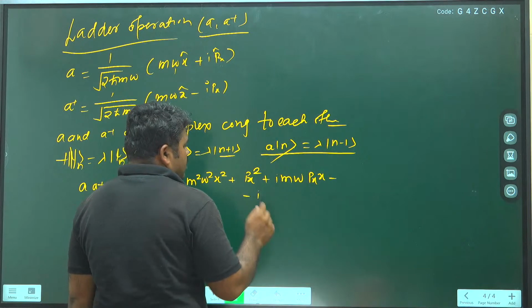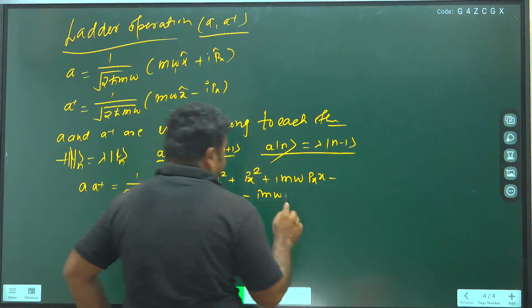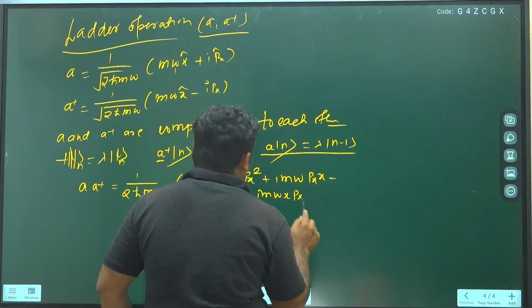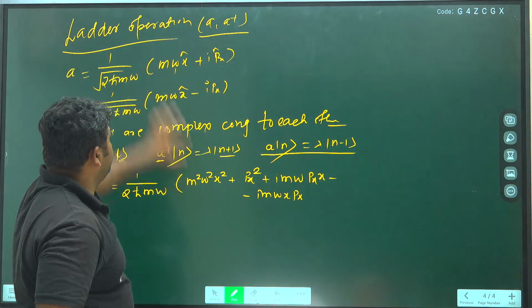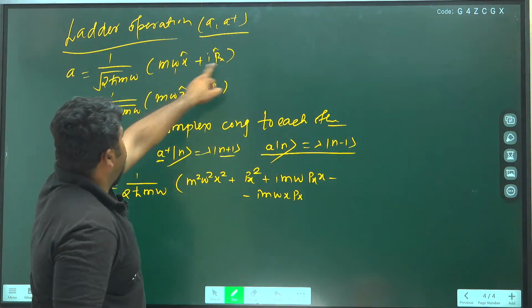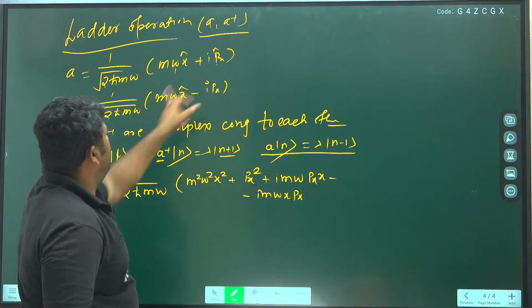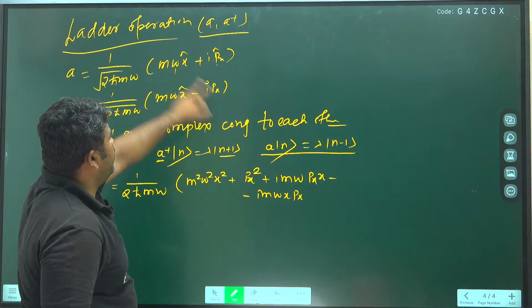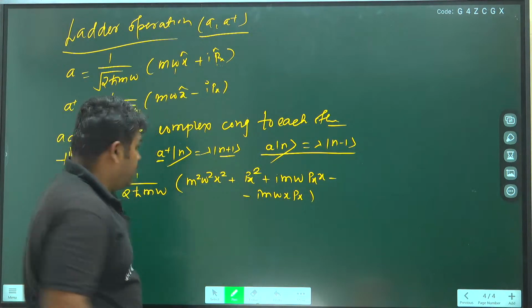Minus i m omega, x px. Is it clear? This m into m squared omega squared x squared. Okay, second one, this multiplied by this one means this i we can take outside slightly, and px x, and the second becomes x px. Clear? Bracket complete.